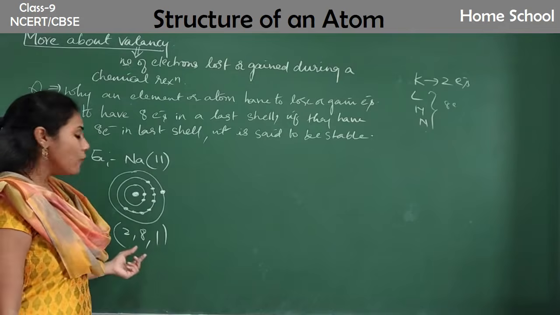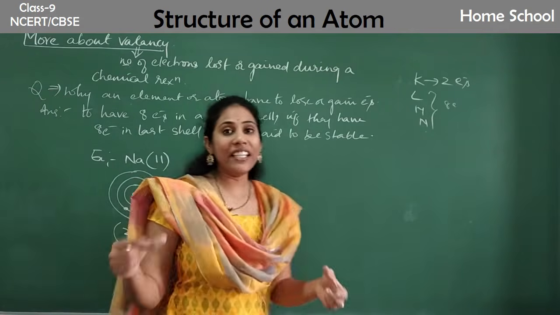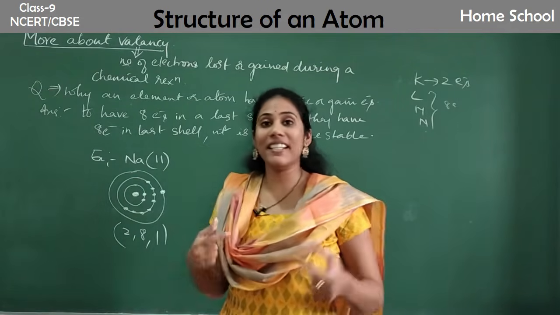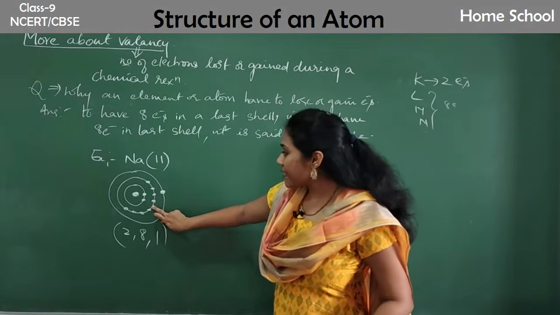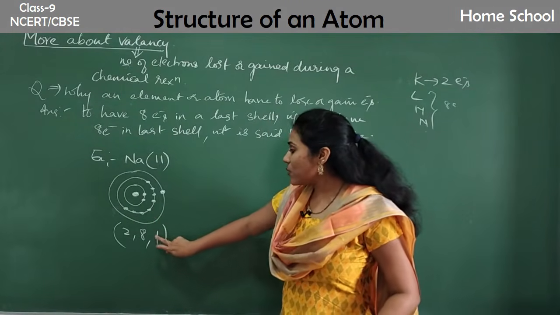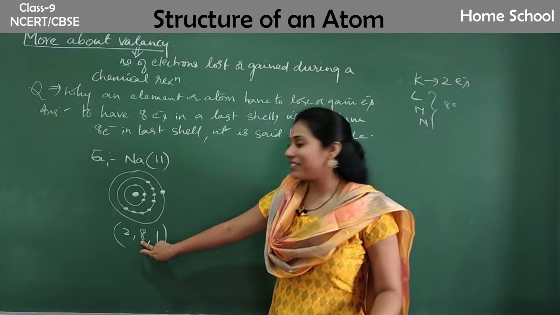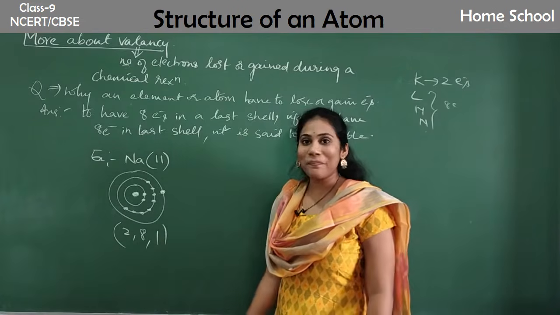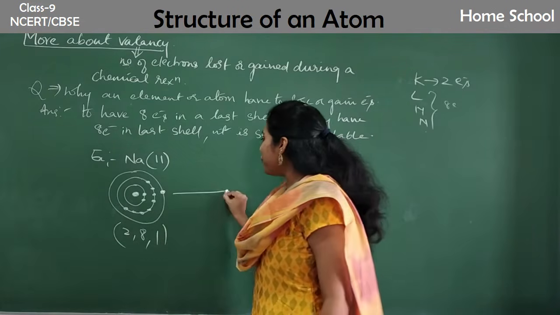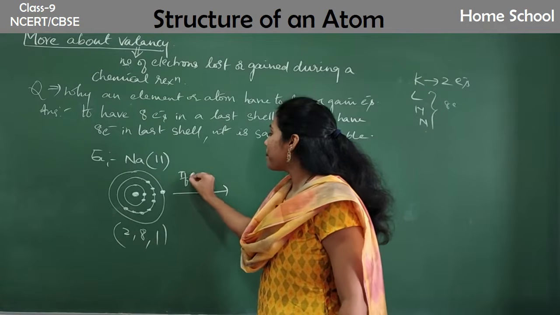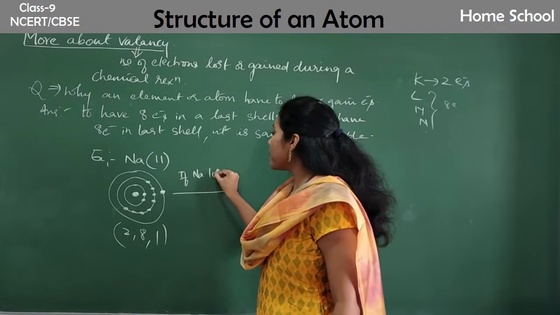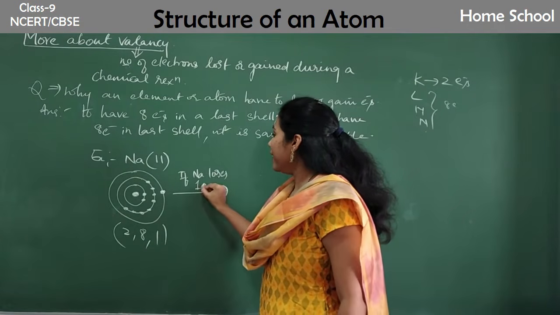Right? Say what I just now told, having 8 electrons is highly stable. See this sodium, if it can lose this 1 electron, it can have 8 electrons in the last shell. Isn't it? Imagine if Na loses 1 electron.